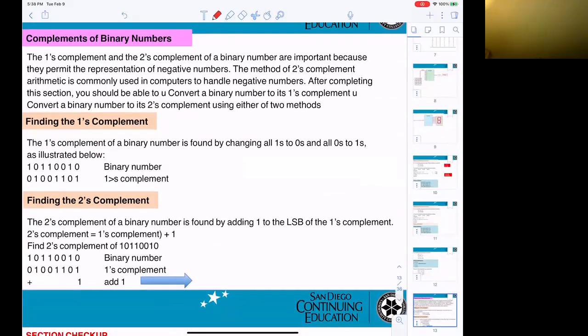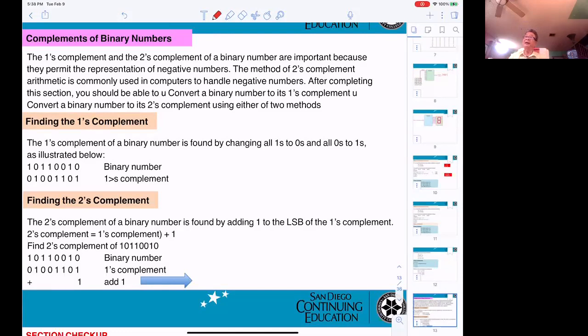Okay, we go to complement of a binary number. The first complement and the second complement of a binary number are important because they permit the representation of a negative number.